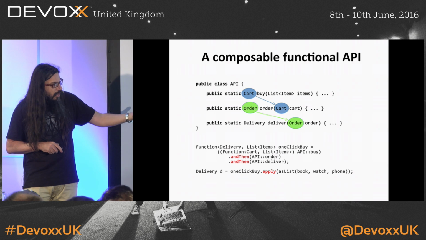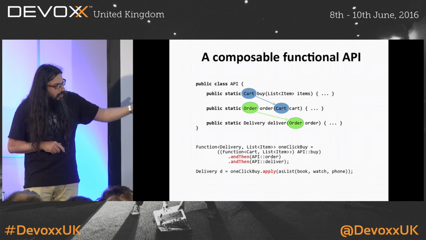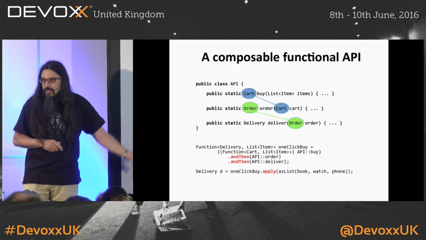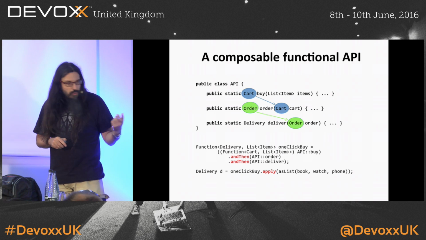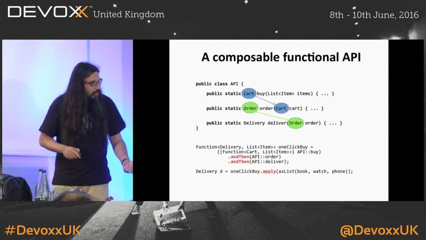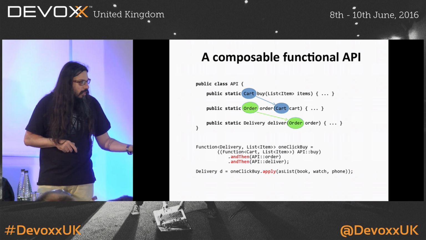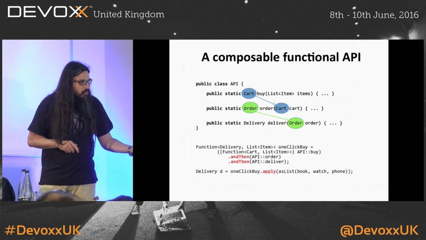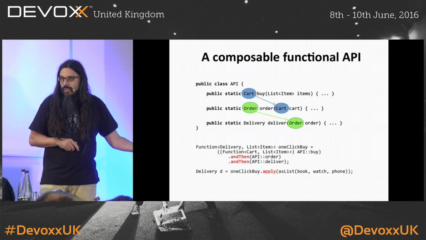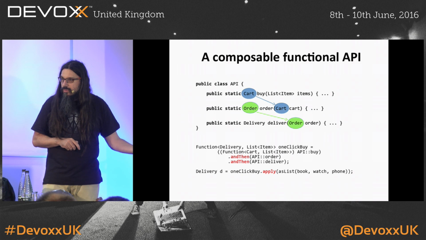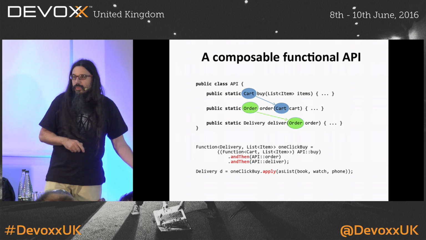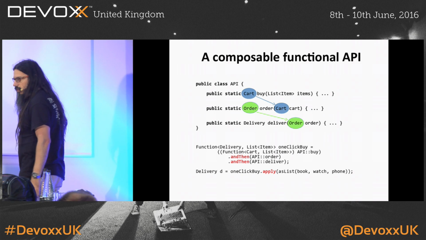That is just a function that is the composition of the three sub-functions. So once again, when you play your story, you just apply the one-click buy to the argument, which in this case is the list of items that you want to buy, and you will be returned a delivery.